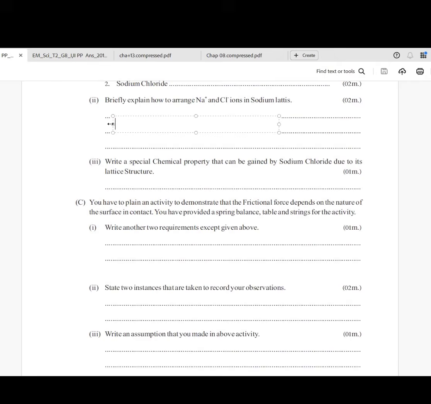Answer: six Cl minus ions arranged around Na plus, and six Na plus ions arranged around Cl minus ion.